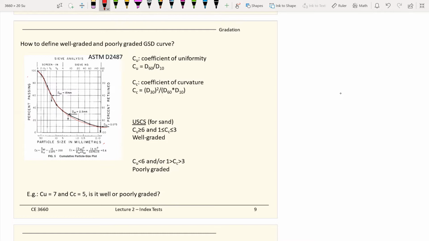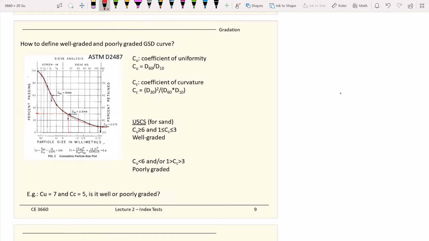D30 means 30% passing. What is the corresponding particle size diameter? When you need to determine D30, you go to your grain size distribution curve, go to 30% on the y-axis, and find the corresponding x-axis reading.